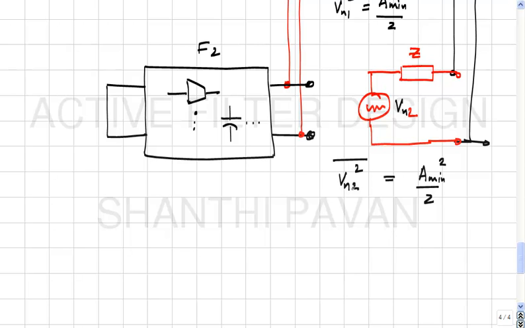Okay. Please note that even though these are two identical filter networks, the noise waveforms injected by various transistors inside F1 and inside F2, while they have the same statistical properties, the absolute waveform will not be the same.